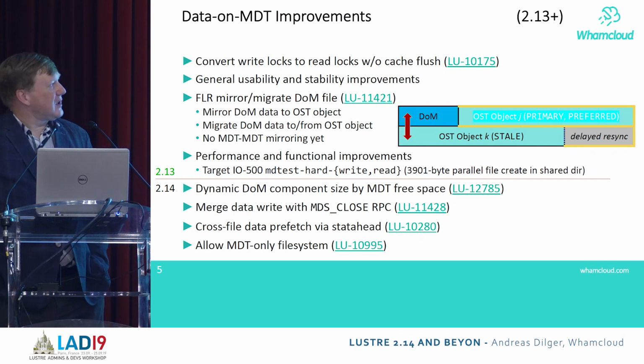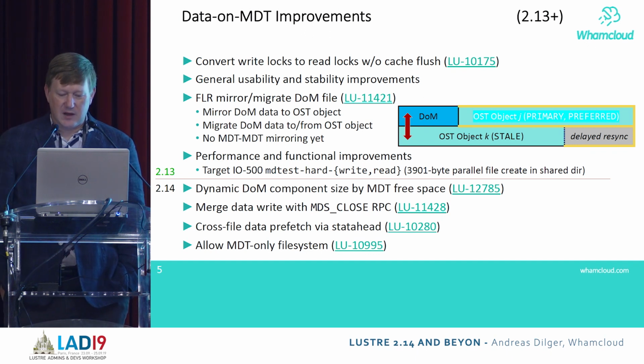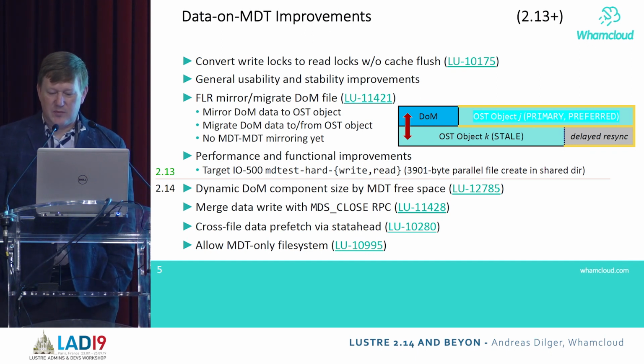Data on MDT, that was new in Lustre 2.11, I believe. And so there's been quite a bit of benchmarking. It's showing quite good performance improvements for small files. And so a lot of work was done polishing a bit of the edges, improving performance.